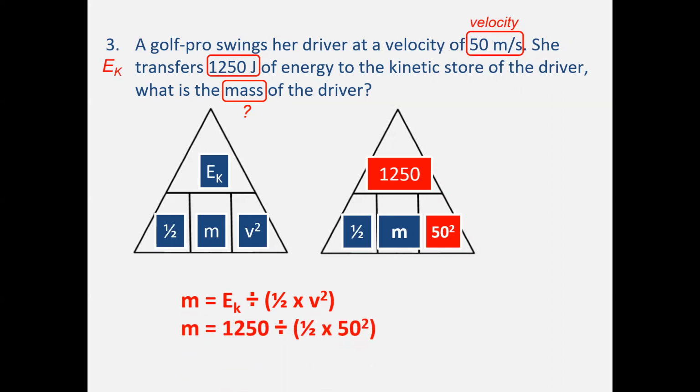If we substitute the values into that equation, the kinetic energy is 1,250 divided by half times 50 squared, which gives you a mass of 1 kilogram.